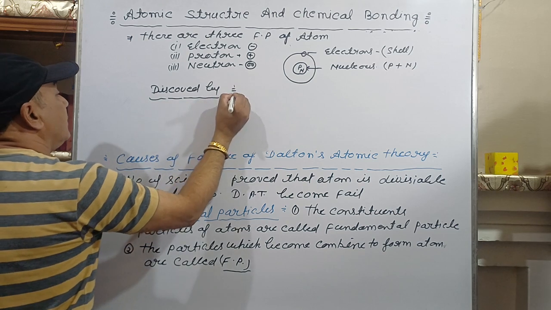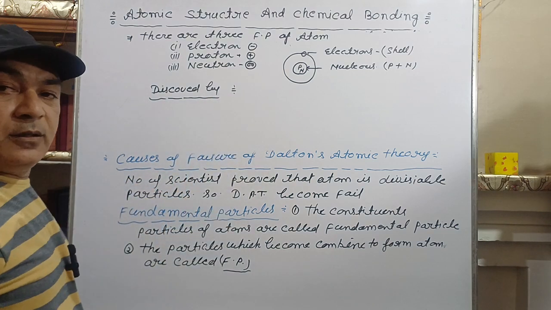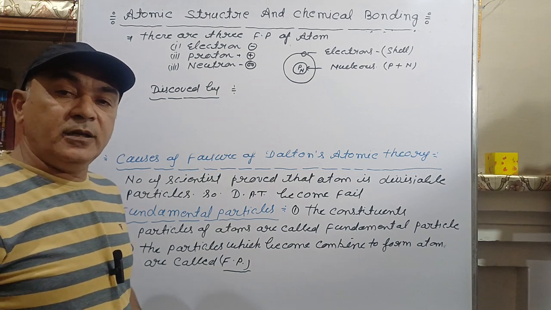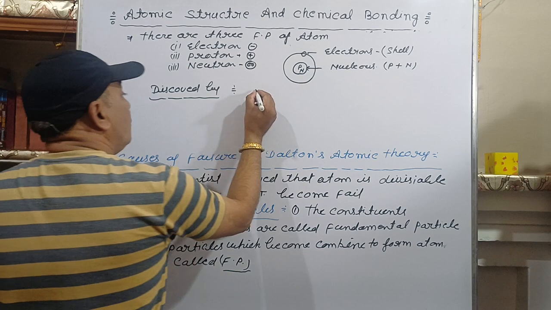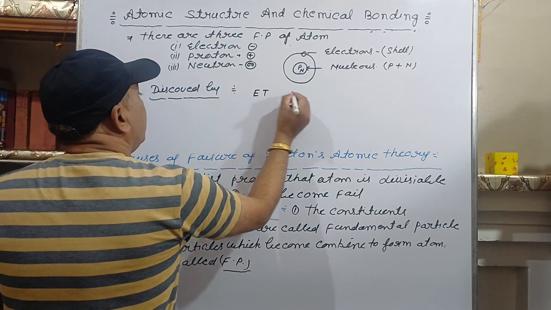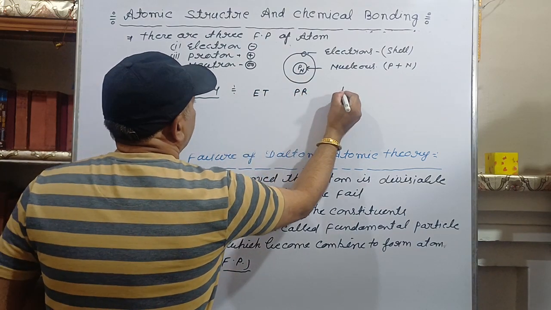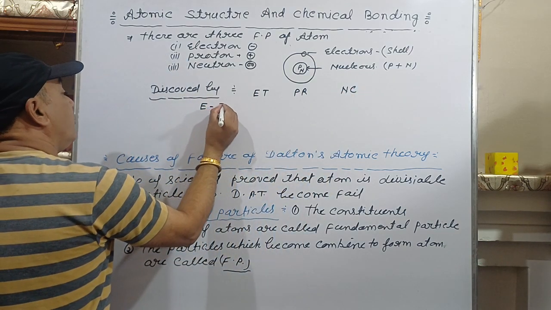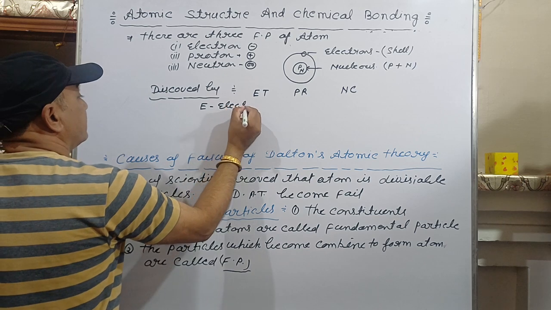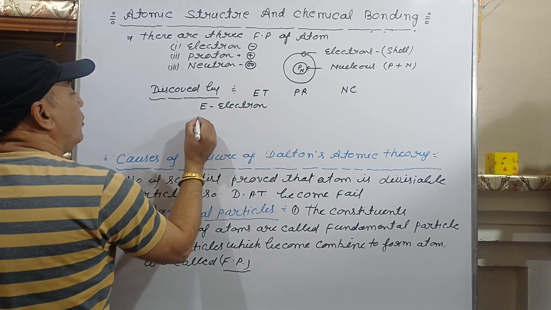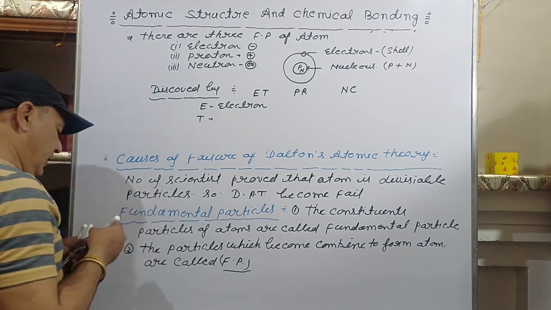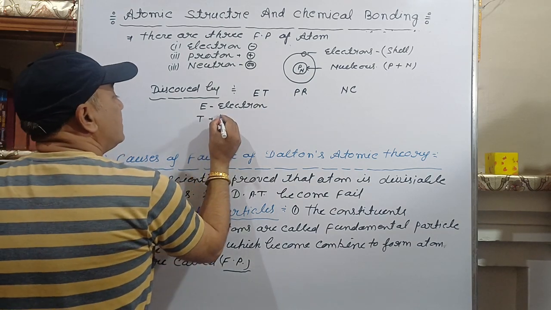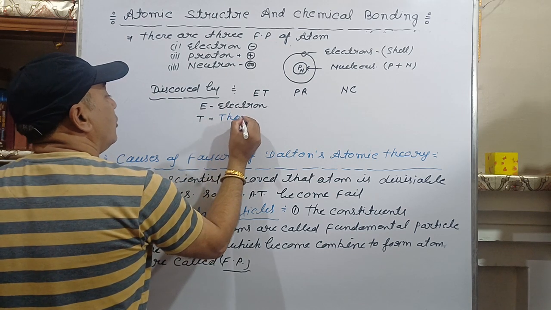We can learn the discovery of these three fundamental particles by a simple mnemonic: E-T, P-R-G, N-C. E represents electron; the electron was discovered by Thomson.